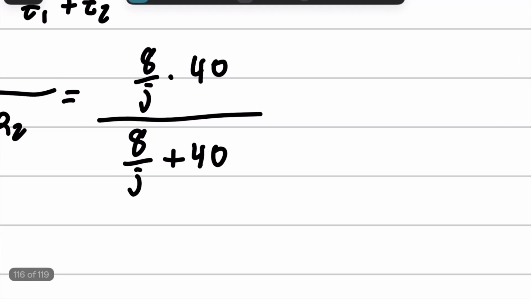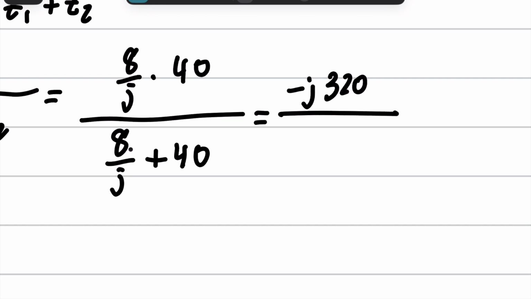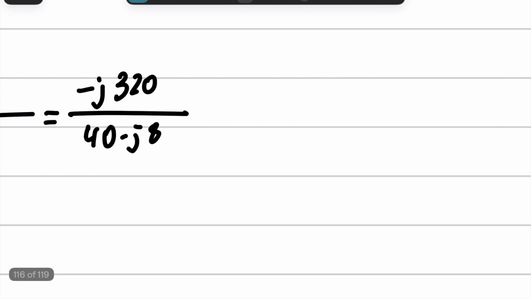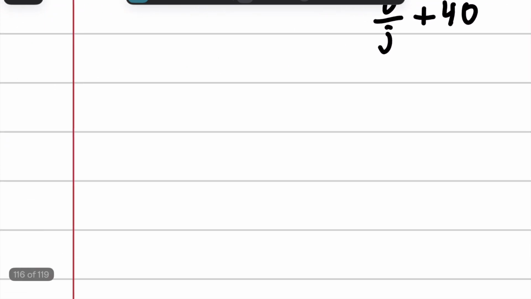And now here is where the math really comes in, and you have to be very, very careful. So I'm going to go through this, and it's going to be negative J, and then 8 times 40 is 320 over, and this is going to be 40 minus J8. And here we're going to multiply by our complex conjugate, so 40 plus J8, 40 plus J8, because we want to remove the J from the bottom.